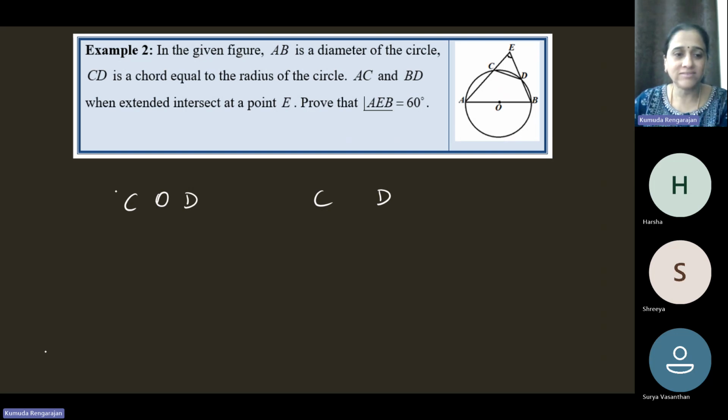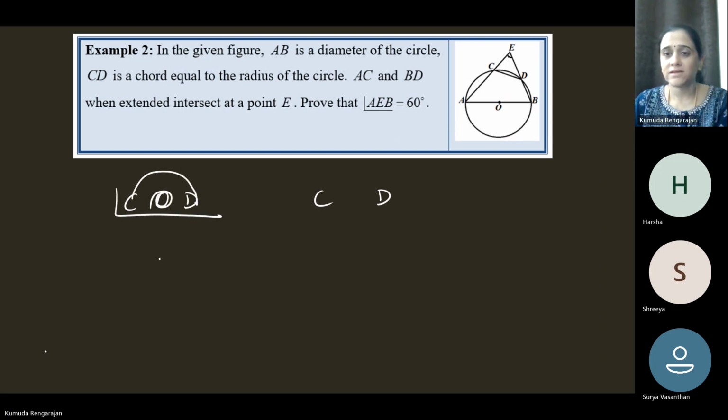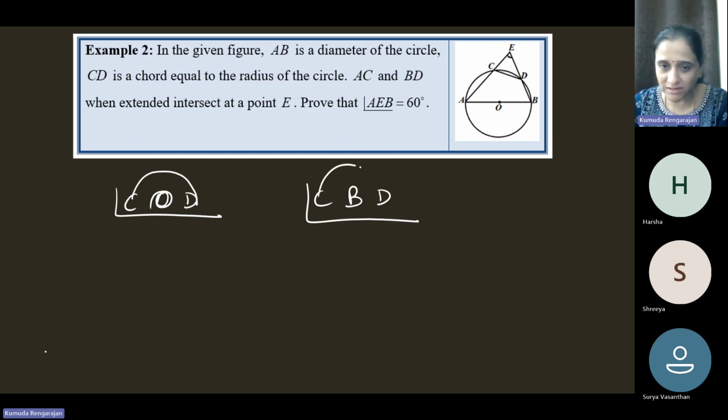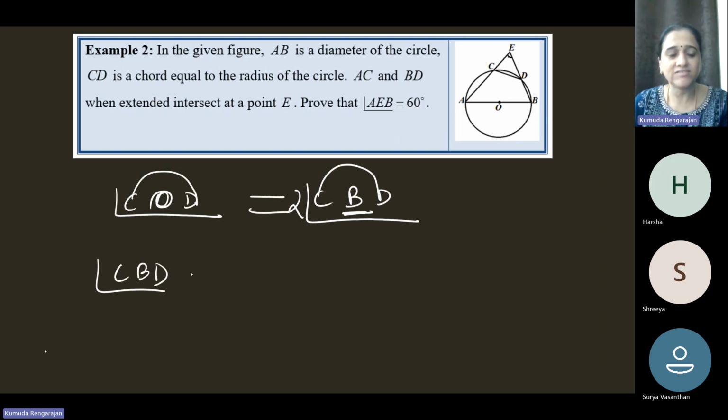COD is the angle made by arc CD at the center O. CBD is the angle made by the same arc CD at the point B on the circumference. So these two angles are related. Angle COD is twice angle CBD, or angle CBD is half of angle COD.